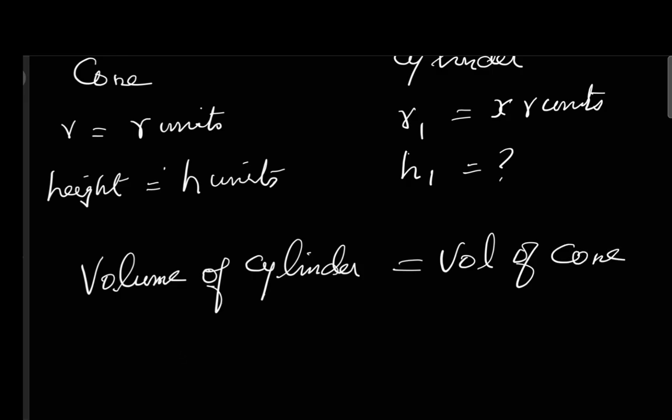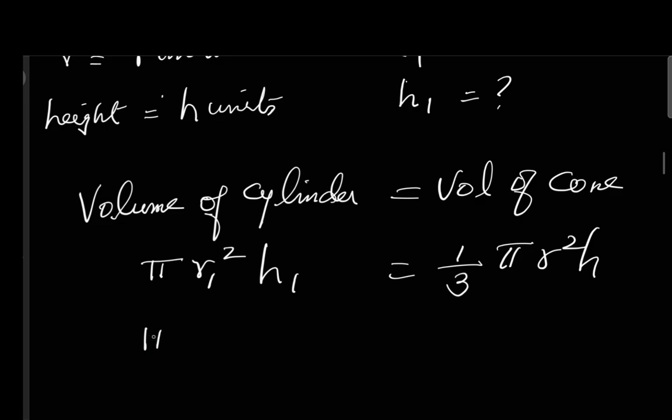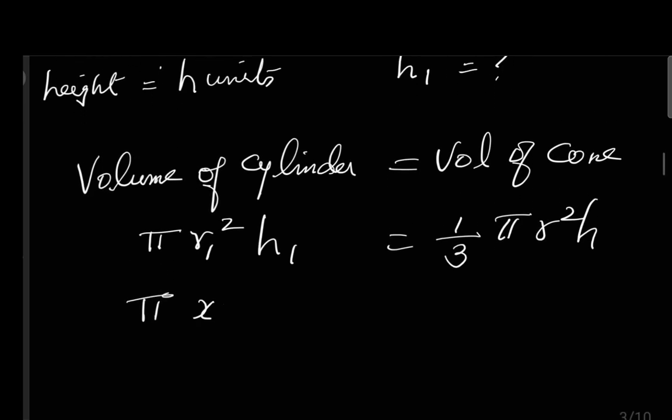Cylinder volume is pi r squared h, I want to differentiate this, r1 squared h1. This is 1 by 3 pi r squared h. So replace pi, you keep as it is, r1 as xr the whole squared, this is h1. You write this as it is, 1 by 3 pi r squared h.